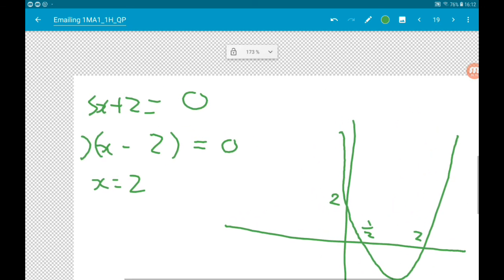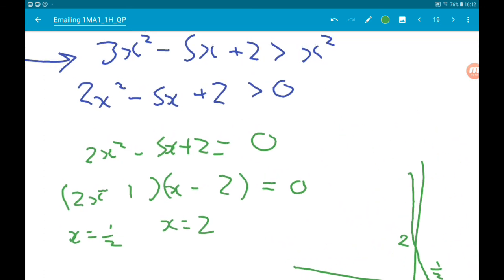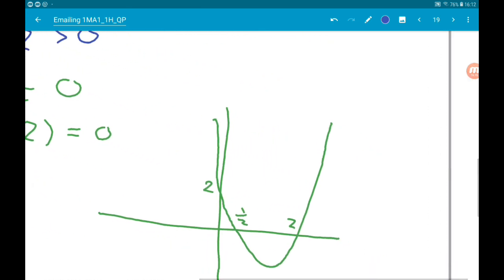Now the inequality that we are solving is the quadratic greater than 0. So that means we want parts of the graph above the x-axis. So we want this tail and that tail.